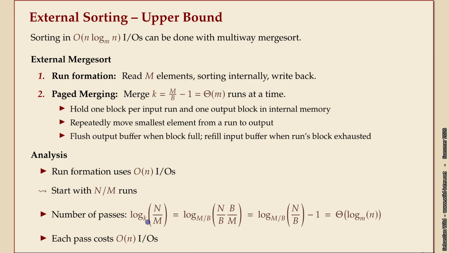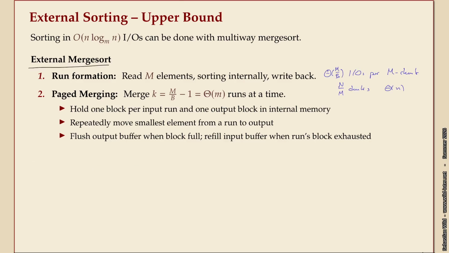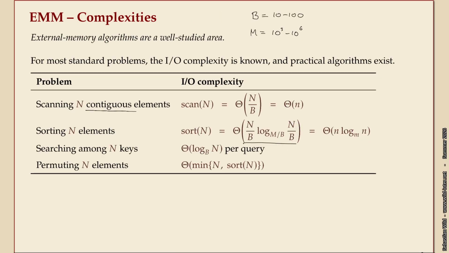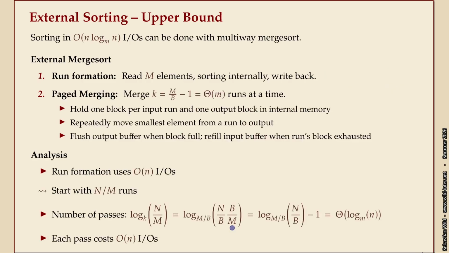And this k you can insert is m over b. Now here we have n divided by m, not n divided by b from the table. But if you look at this, this is actually almost the same. Dividing by m or dividing by b inside the log is essentially inconsequential. It's a plus minus 1.